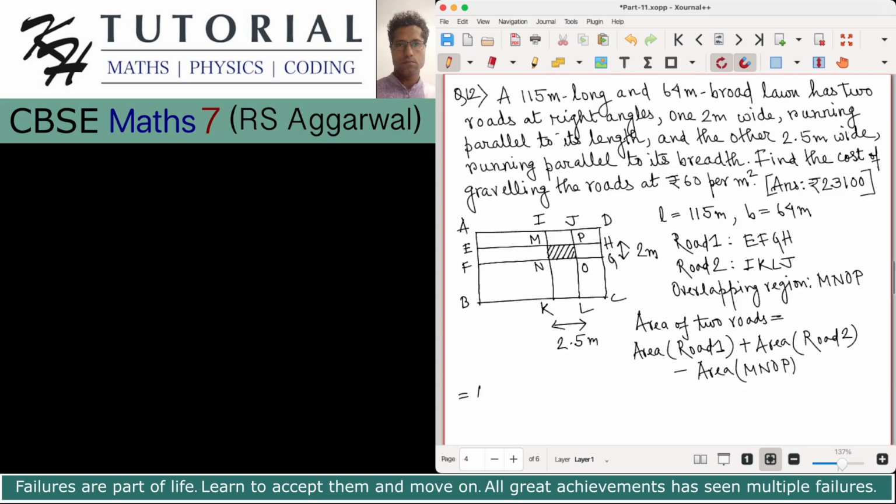So this is equal to area. What is road 1? Road 1 is the rectangle EFGH plus area. Road 2 is the rectangle IKLJ and minus area the rectangle MNOP.